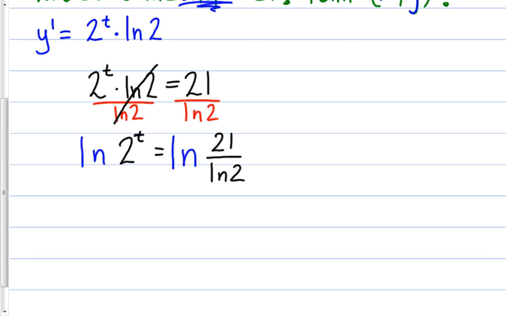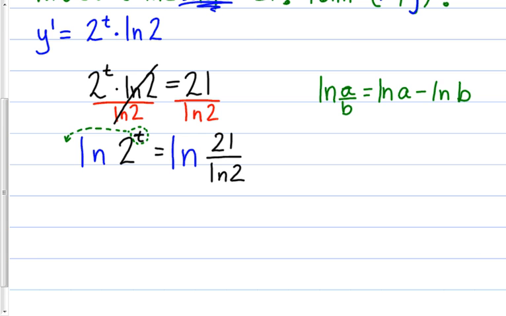Logarithms, you can rewrite certain things. For example, for natural logs, it is valid to bring that exponent and plop it right in front. Don't know if you remember that. And for natural log, if I have the natural log of a over b, I can rewrite that as the natural log of a minus the natural log of b.